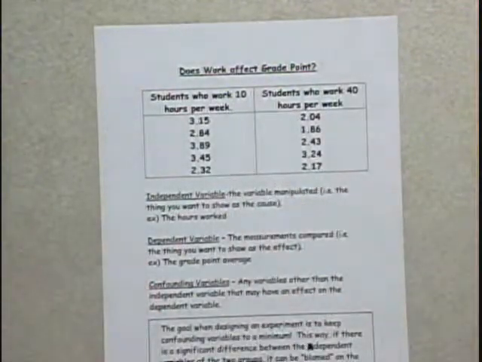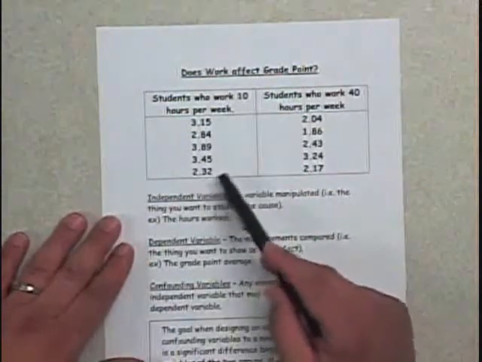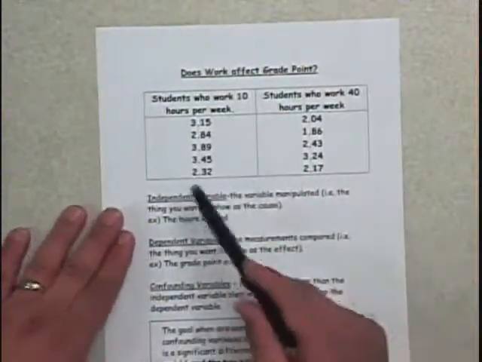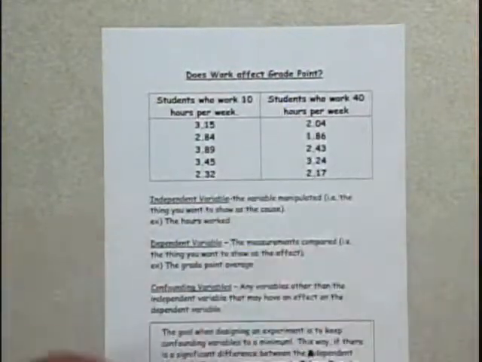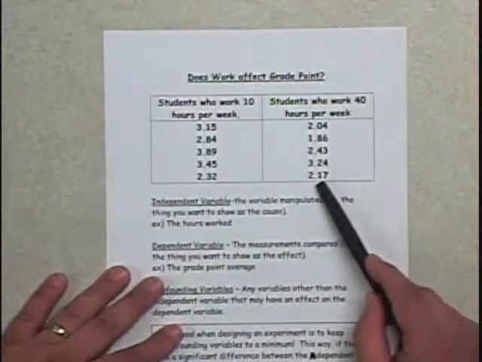Okay? One of the things that you also have to take into account is if there is a difference between these two groups, it could be just sampling error. In other words, maybe just when you randomly divided people between the groups, you got some smarter people in one group and some people that weren't quite as smart in the other group.